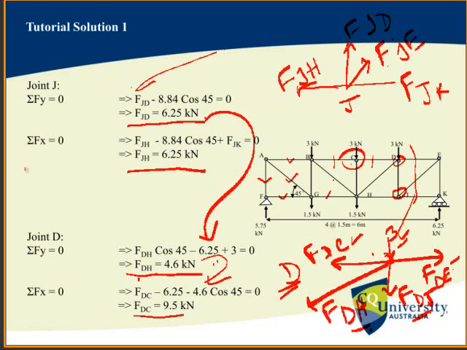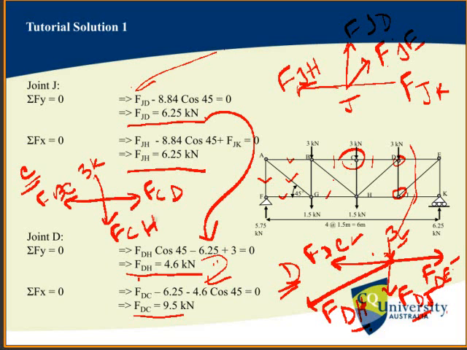Just consider joint C. I am drawing here. Three kilonewton and FCD, FBC and FCH.